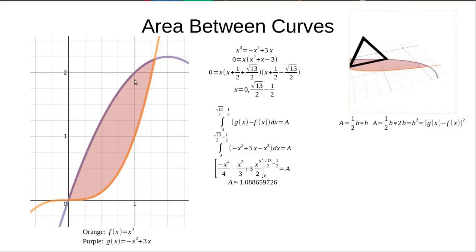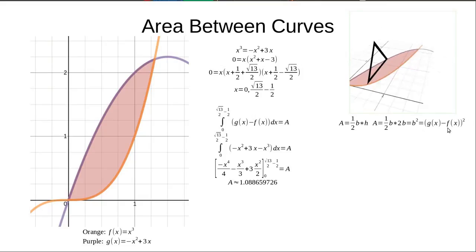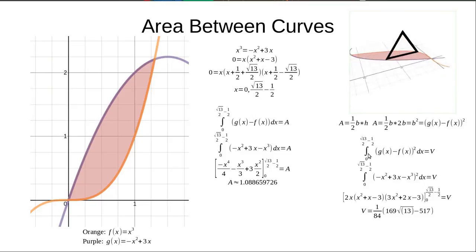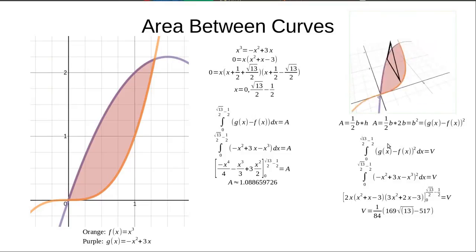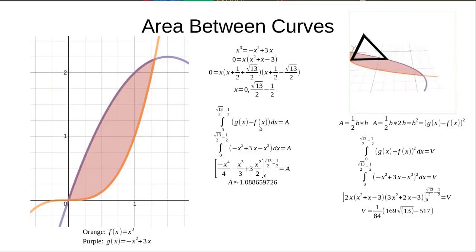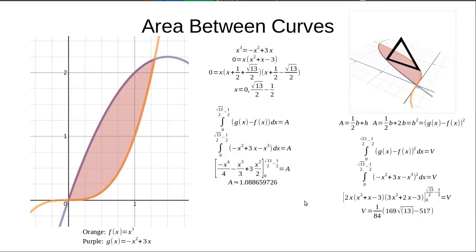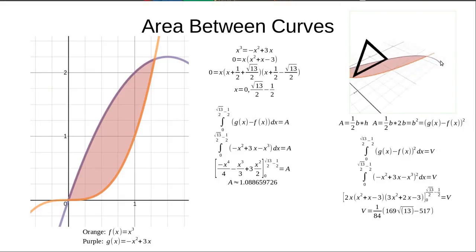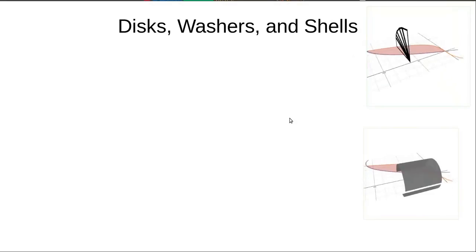And our base in this case is the same height between our two functions. So we can again use what we had earlier, our g of x minus f of x squared this time because we want the area. And then if we plug that into our Riemann sum integral for the same bounds, we can then solve for the volume of this prism-ish thing.